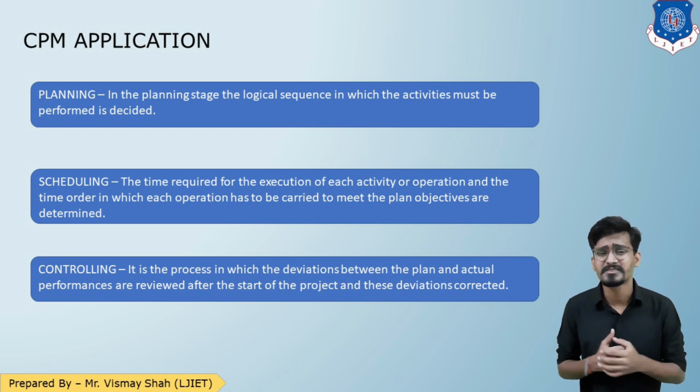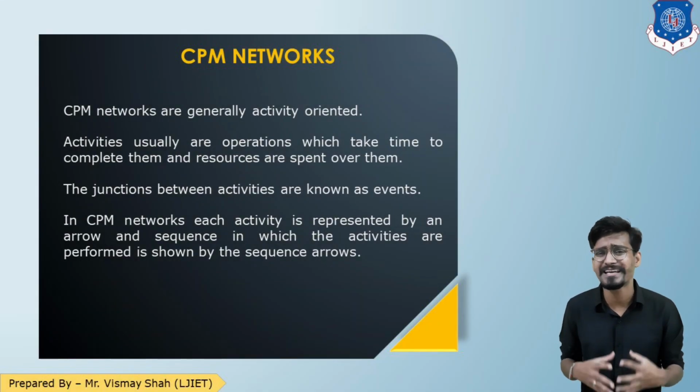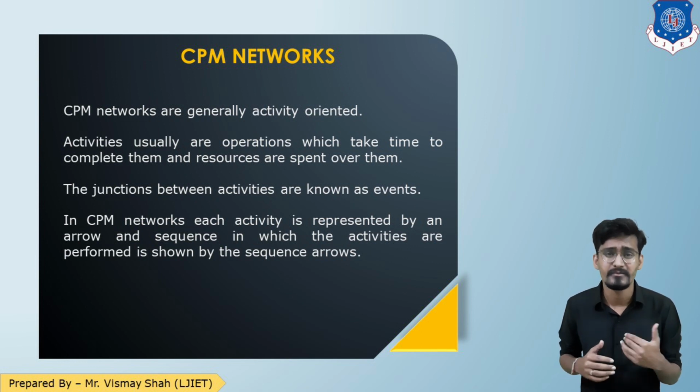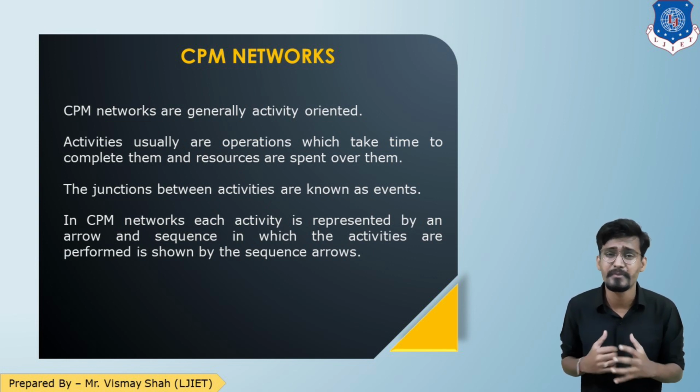Alright, so let us now look at what CPM networks are. CPM networks are generally activity-oriented networks, while when we learn PERT, the program evaluation review technique, that method is generally event-oriented.